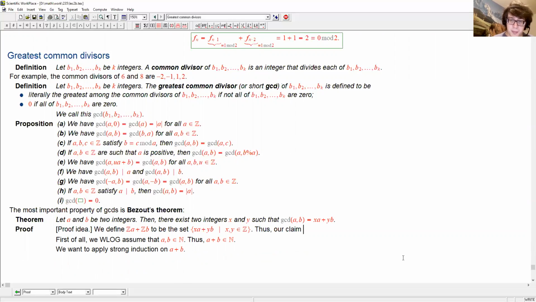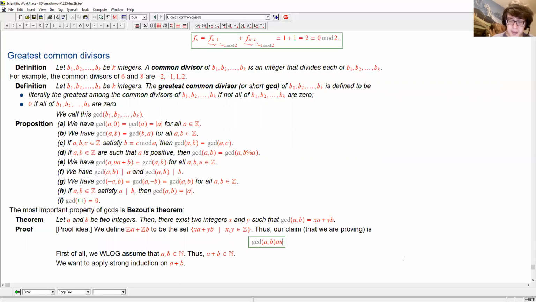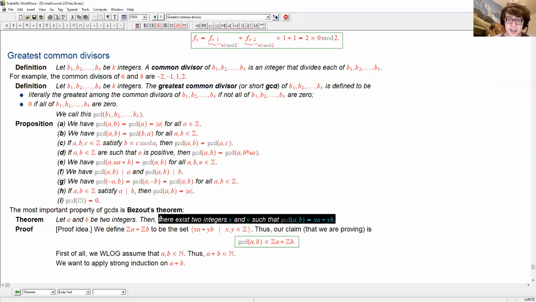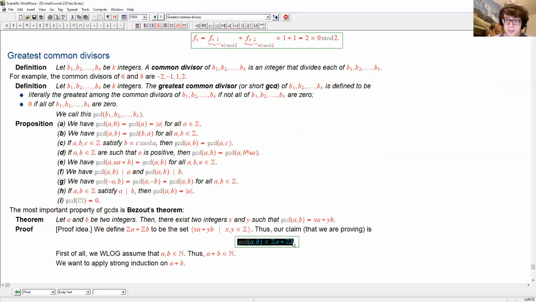Thus, our claim that we're proving is GCD of A, B is an element of the set ZA plus ZB. And that's a good way to restate it, because this is a whole sentence, whereas this is just a little formula.